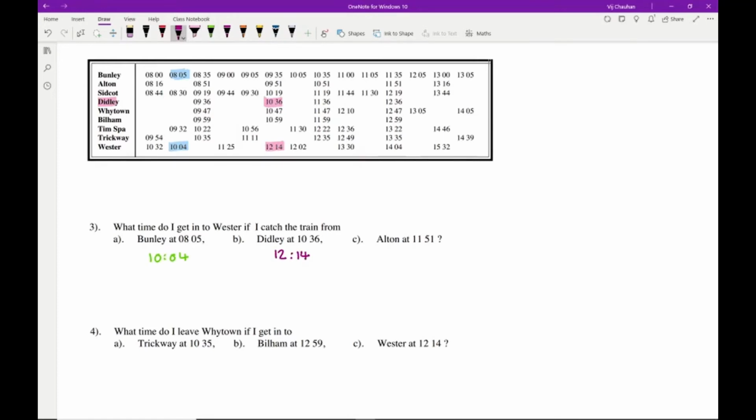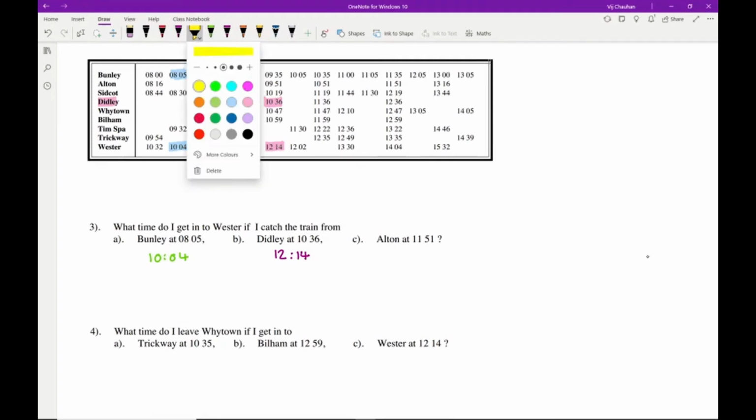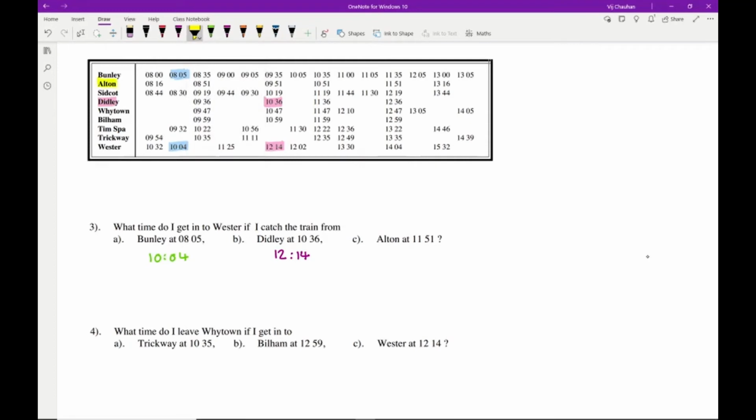So the answer to this one is going to be 12:14. The Alton 11:51 train, so find Alton, and the 11:51 train, which is this one here, highlighted in yellow, and that gets to Wester at 14:04. So the answer to this one is 14:04. So again, question 4, what time do I leave Bytown if I get into Trickway at 10:35?